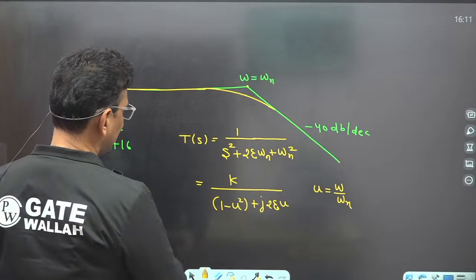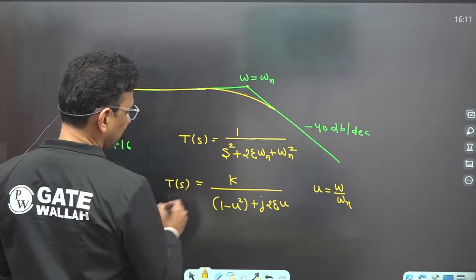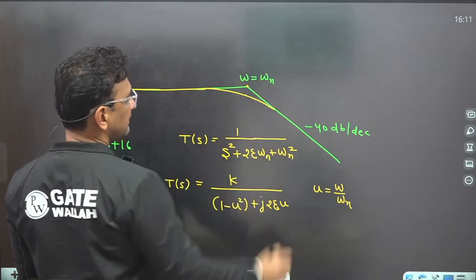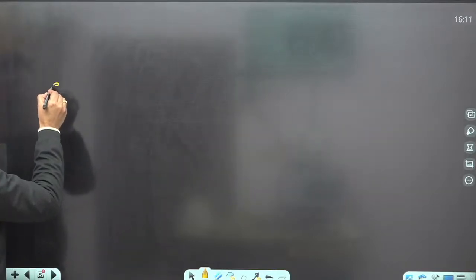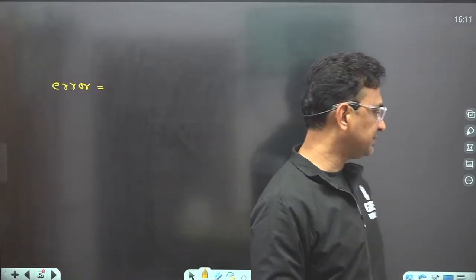Once you are able to convert the transfer function into the time constant form, the corner frequency is nothing but the omega n frequency. So what is basically the error? Error is nothing but the actual magnitude minus the approximate magnitude.